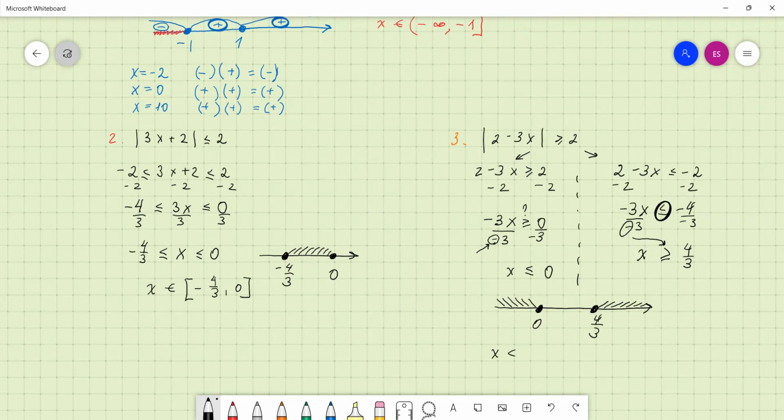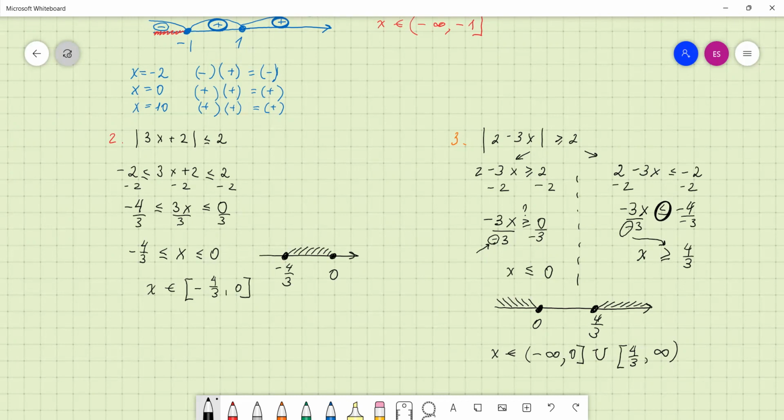In interval notation, we are going to have x belongs to the interval from negative infinity to 0, including 0, united with the interval from 4 over 3 to positive infinity. 4 over 3 is included.